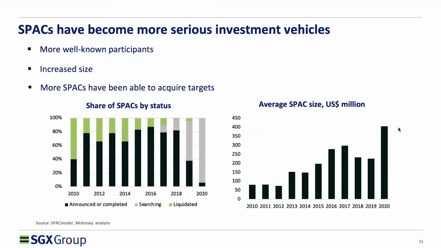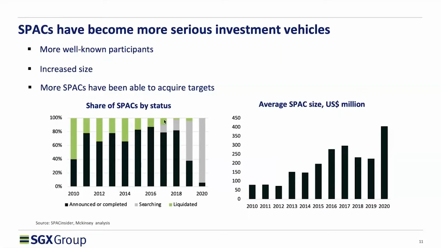If you look at the average size of SPACs, that has increased as well. So if I was to look at the period from 2010 to 2012, the average SPAC size would be below 100 million US dollars. But by the time we got to 2020, then the average SPAC size was actually close to 400 million US.